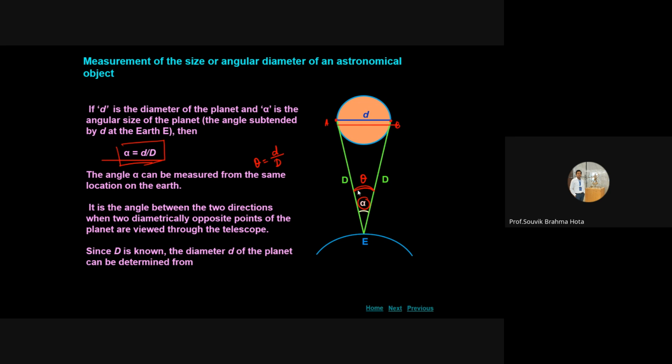Earlier I showed you how to determine capital D when you don't know the distance between the planet and the Earth. Here we know the distance from Earth to that astronomical object, so knowing capital D, you can get the value of small d. So small d is equal to alpha into capital D.